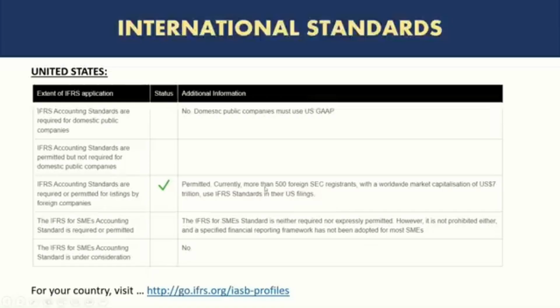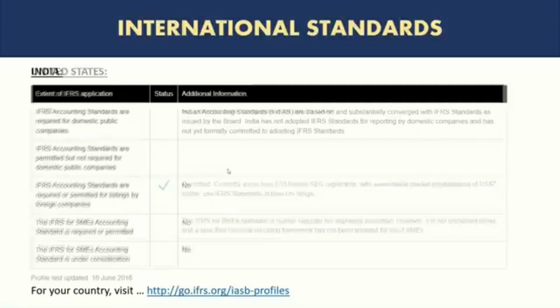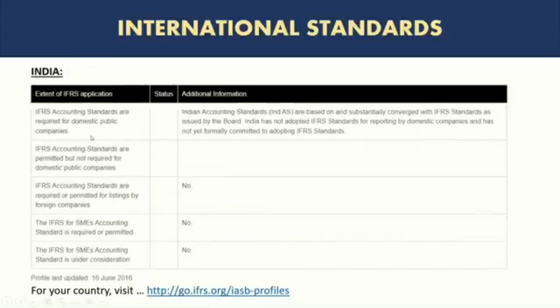And also currently more than 500 foreign companies registered on the SEC are applying IFRS. Similarly, for India, you can see there's no application requirement for IFRS. In fact, India has its own accounting standards which are required, but they are substantially converged with IFRS standards. So there are a lot of similarities.